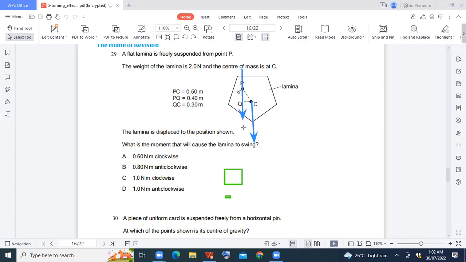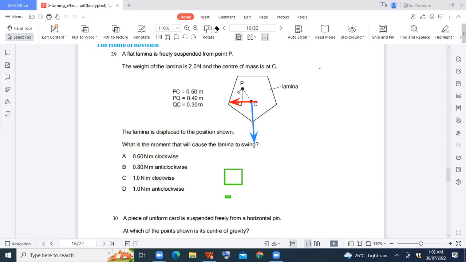The pivot is somewhere here, and I think the perpendicular distance would be this one. So the moment is perpendicular distance times weight. The red one is the perpendicular distance and the blue one is the weight. So we can find the moment.